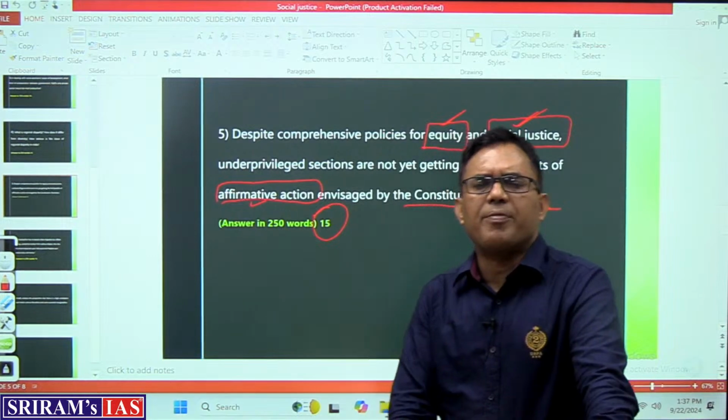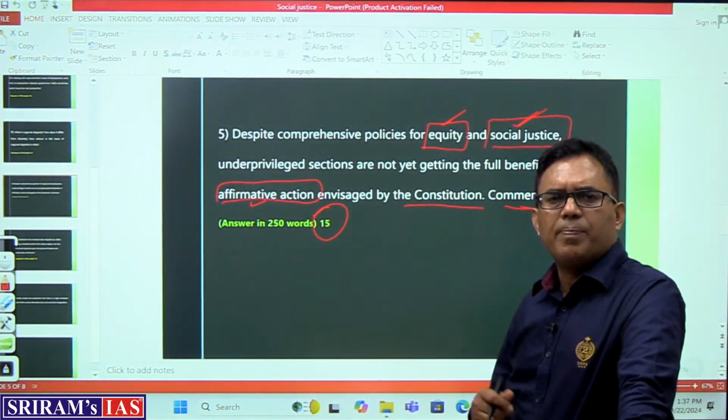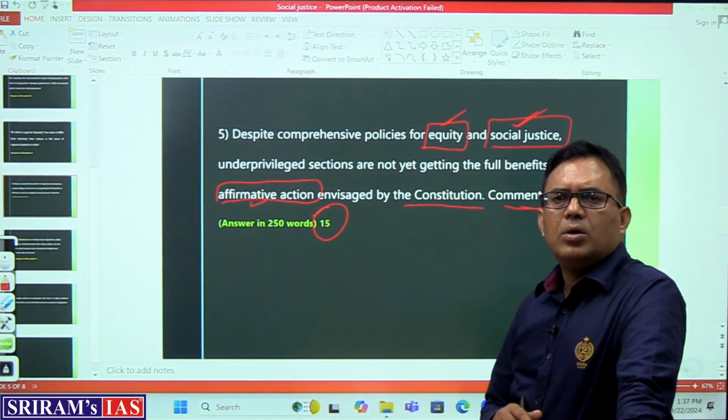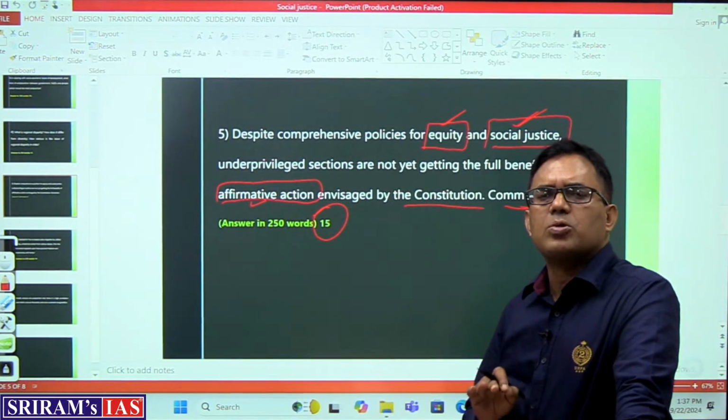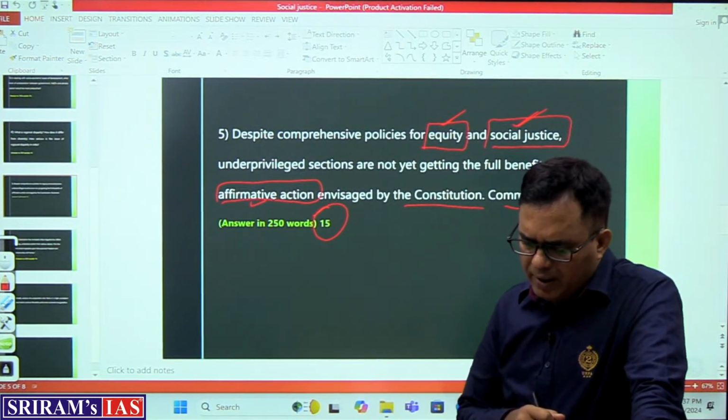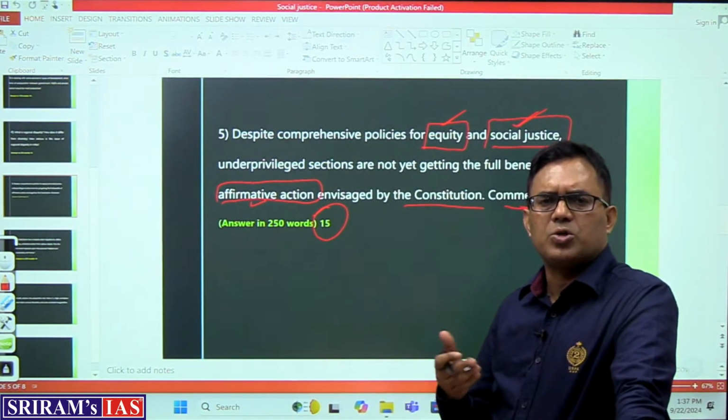So, it is a kind of preferential treatment to those who are not a significant part of the mainstream of the society itself. And therefore, somehow it is also found in our constitution.